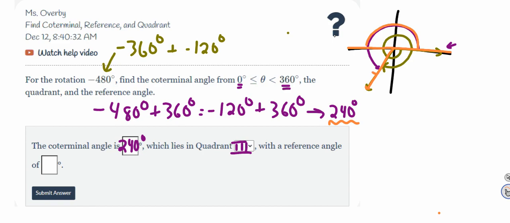So how far away is this terminal side from the x-axis? It's 60 degrees away, all right? So if we did our little bow tie, everybody is 60 degrees in this bow tie. Every terminal side is 60 degrees away from the x-axis, right? And so if everybody's 60 degrees away, then our reference angle is 60 degrees.